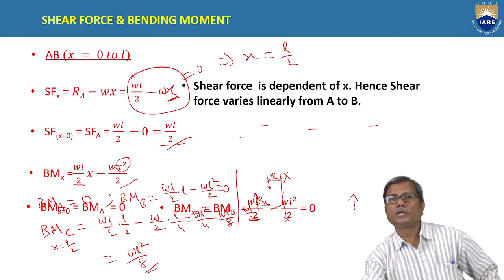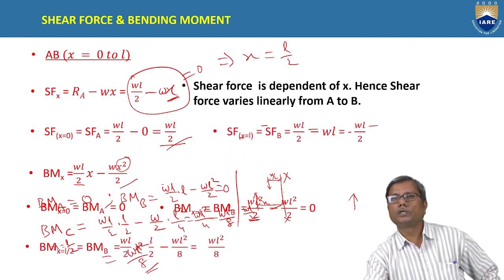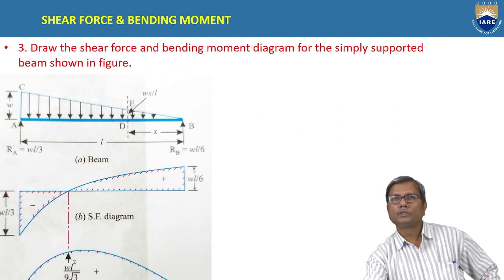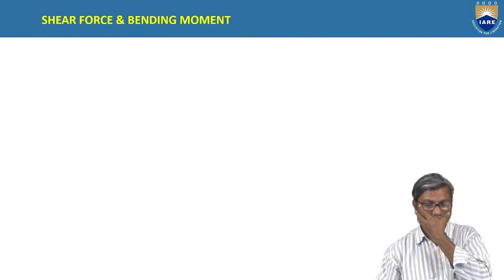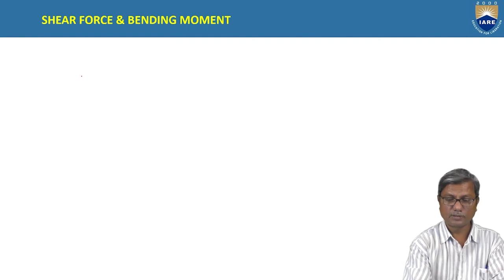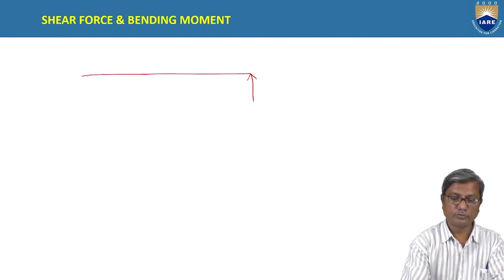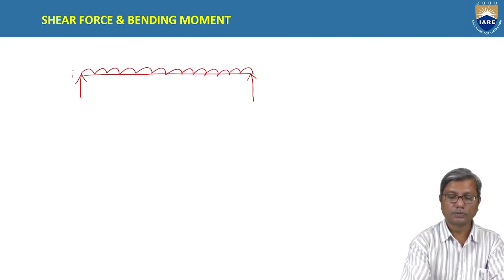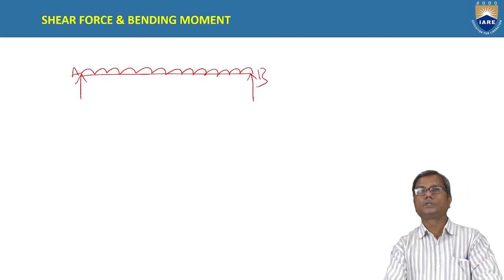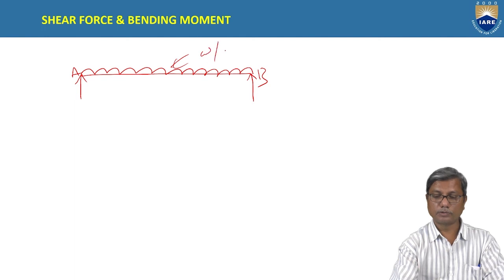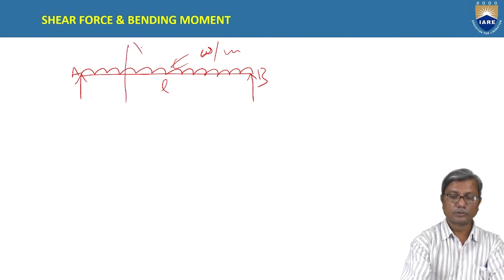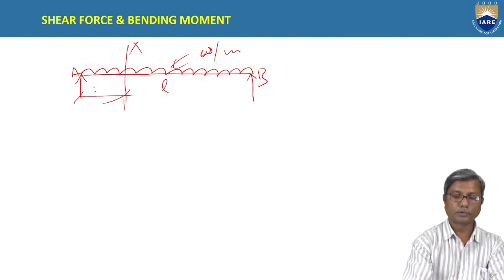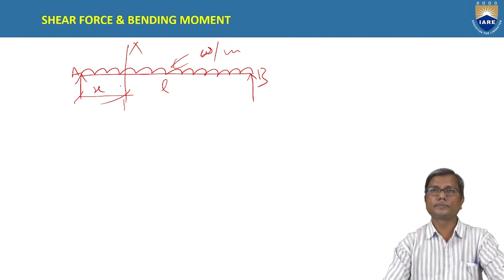So coming to the bending moment diagram we have to draw, isn't it? This uniformly varying load, we will be discussing this later. Yes, coming to the bending moment diagram for the given beam with the uniformly distributed load W per meter, and we consider section with origin at A. Okay.